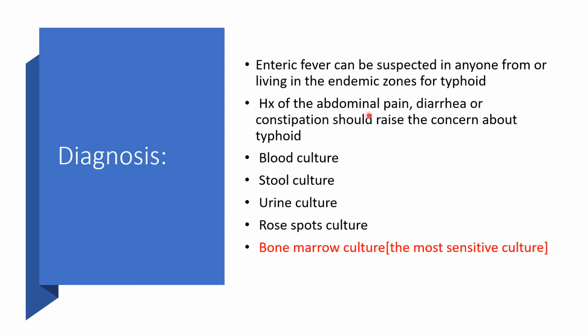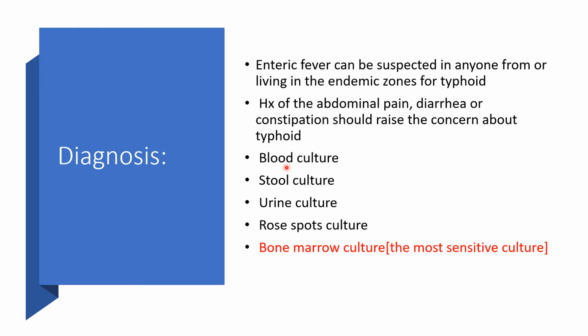The history of abdominal pain with diarrhea or constipation should raise the concern about typhoid when there is a link in one way or the other to the endemic zone. Either you are living there, or you traveled from there, or you are visiting right now.